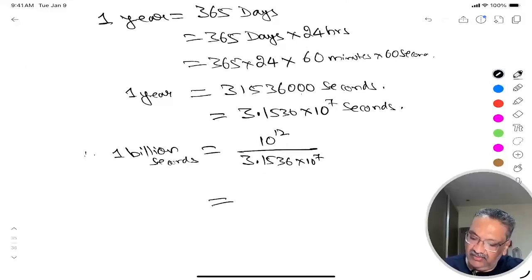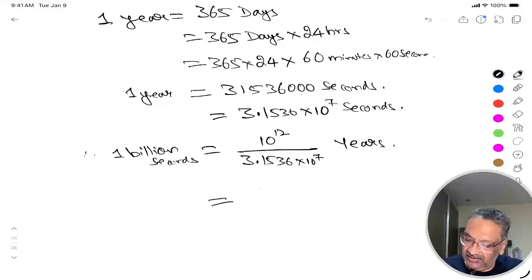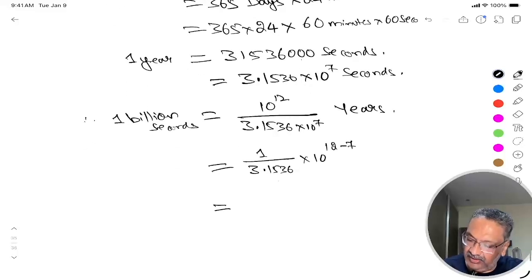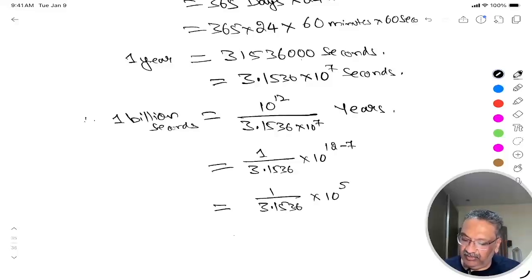Okay, so this is nothing but 1 divided by 3.1536 into 10 to the power of 12 minus 7, which is 1 divided by 3.1536 into 10 to the power of 5, or I can make it 10 divided by 3.1536 into 10 to the power of 4.